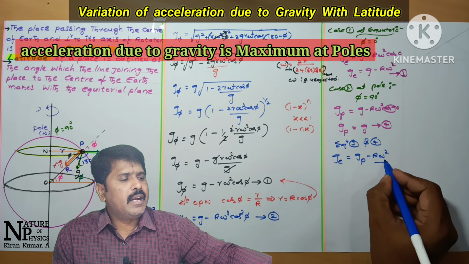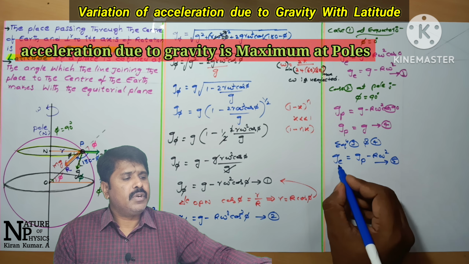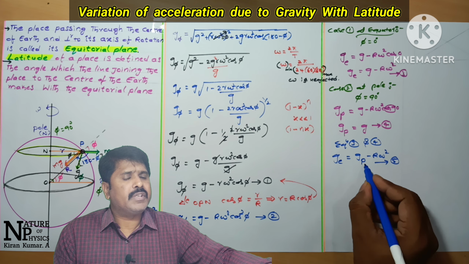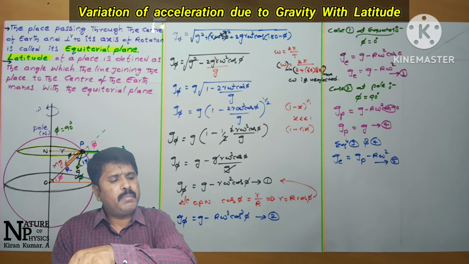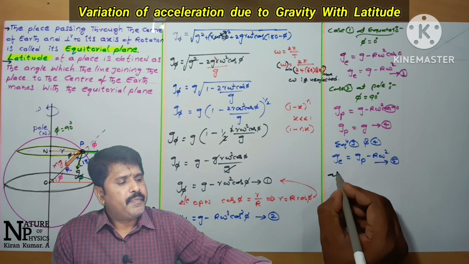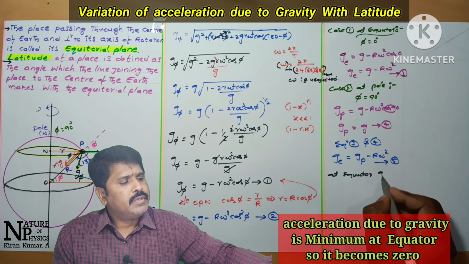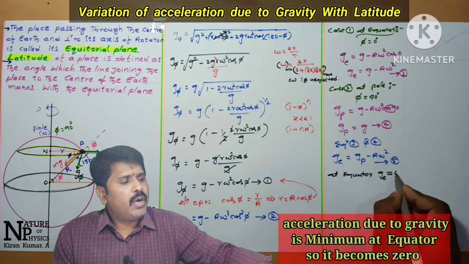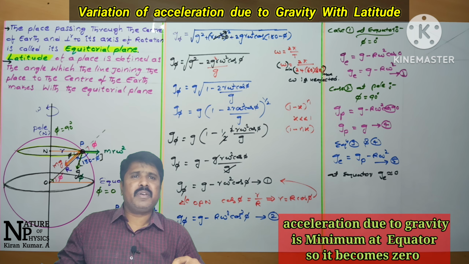This is the relation, equation number 5, between the acceleration due to gravity at the equator and the acceleration due to gravity at the pole. And continuing, the next one is here at the equator g E approximately equal to 0 considering, and a related problem is also there.